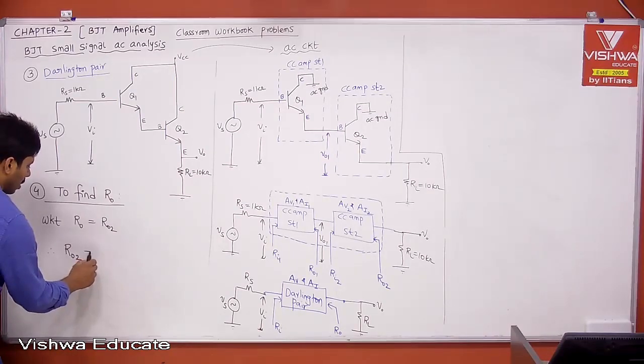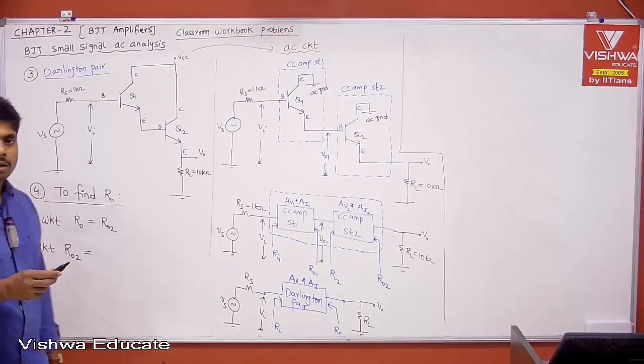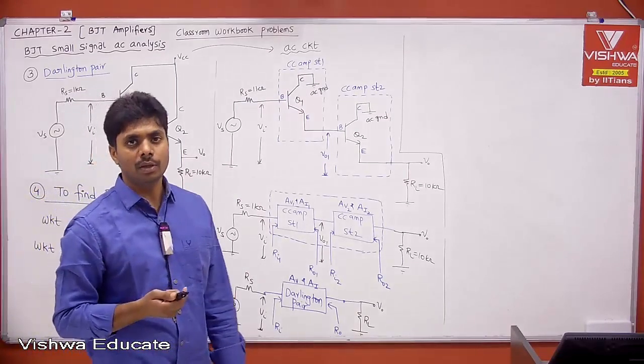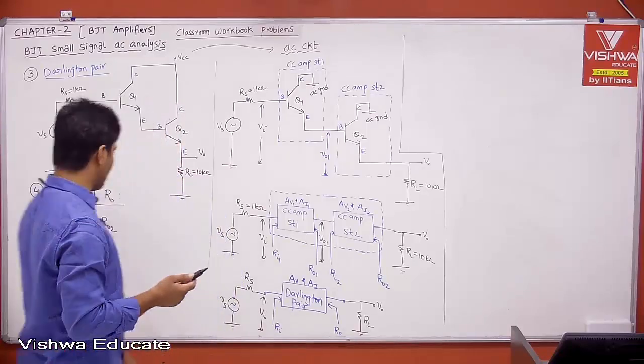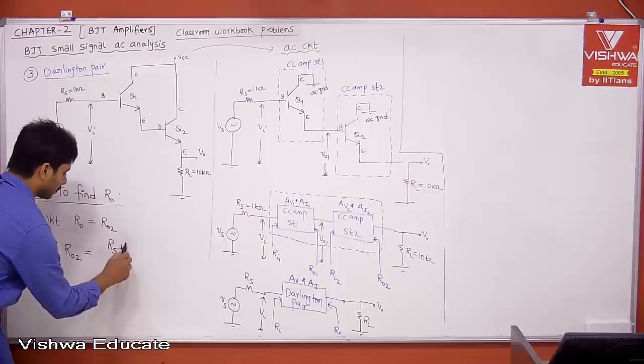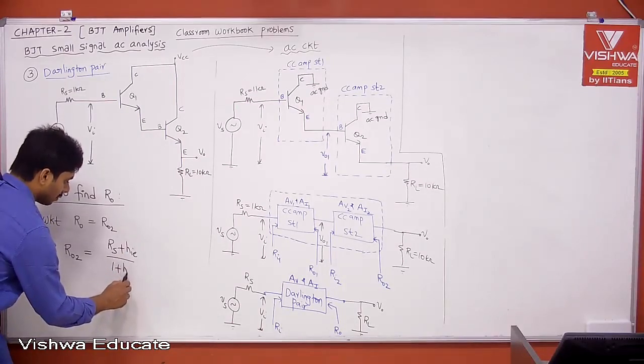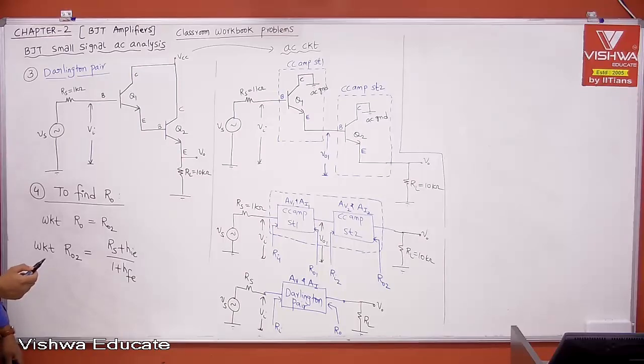We know the formula. I gave you the CC amplifier derived formula, R naught 2 in terms of h parameters. R naught 2 is equal to Rs plus hie divided by 1 plus hfe. This is the formula, right?